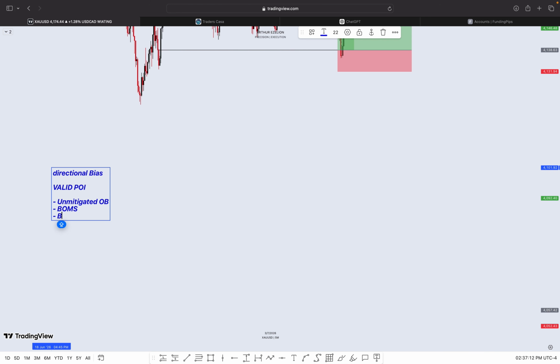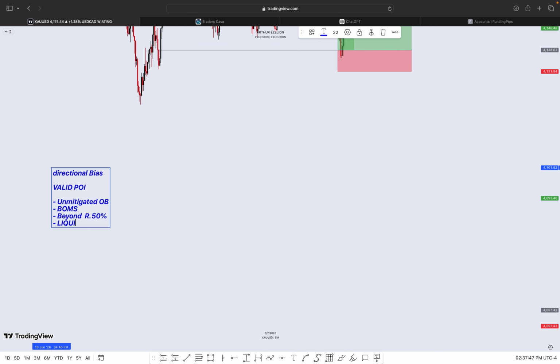Because sometimes it's bearish and sometimes it's bullish, you cannot just say premium. Beyond 50% means if it's a bullish setup, you're looking to be buying below 50%. If it's bearish, above 50%. So that's it. And there must be liquidity close to this order block.